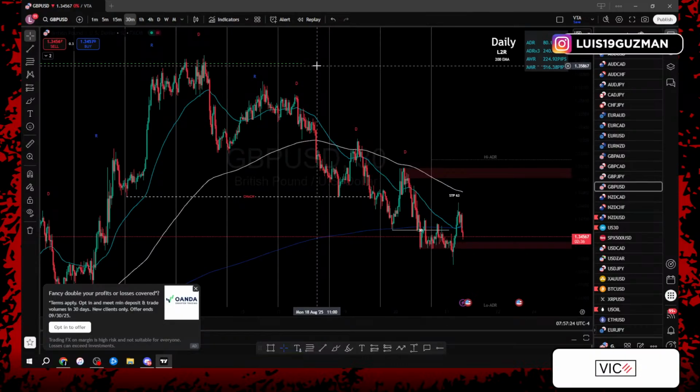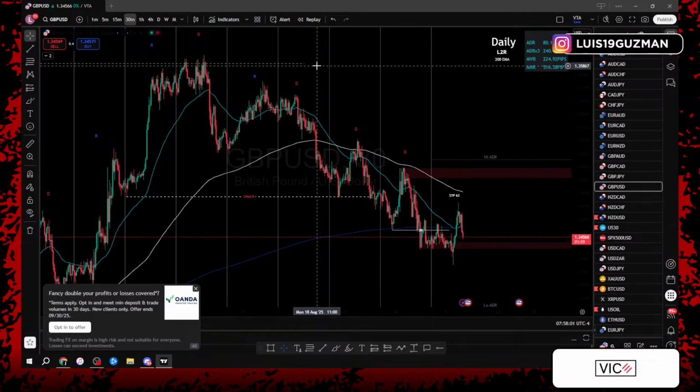But then again, you have to understand too, a lot of these pairs have the same correlation. Realistically speaking, you could add 40 pairs, but a lot of the pairs move identical to each other. So even with 40 pairs, you might not find a trade, which is another reason we cut down from the 36 pairs that we used to look at, to just the ones that pay out the most, the ones with the highest ADR.